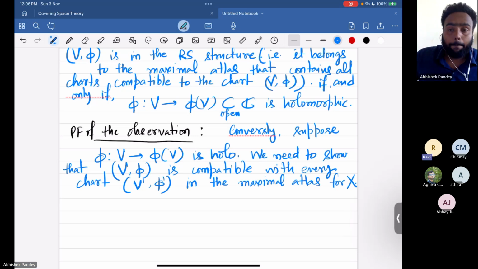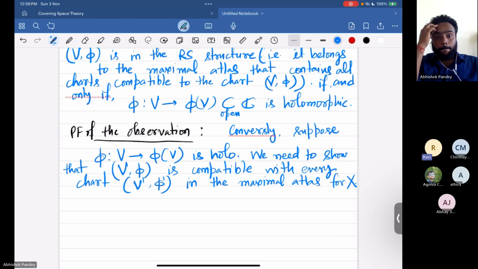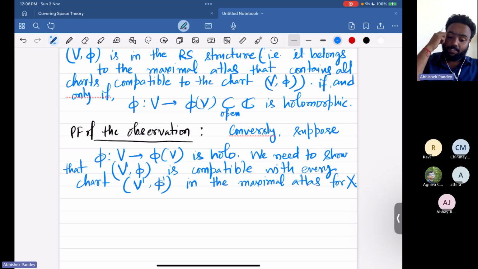Now phi is holomorphic, so we know that phi compose phi inverse is also holomorphic. Phi prime inverse is also holomorphic. Okay, so it's easy. I just wanted to mention it.